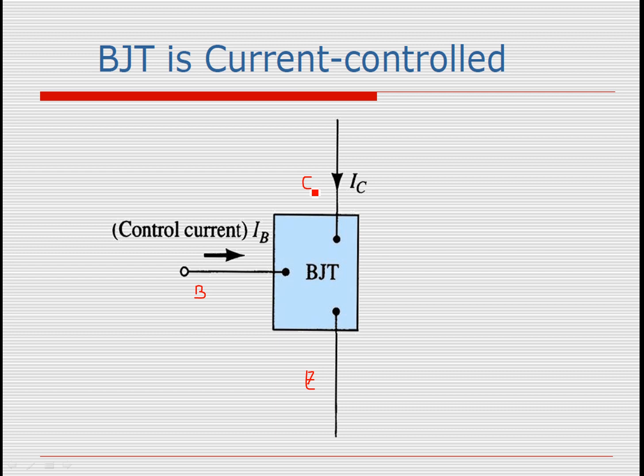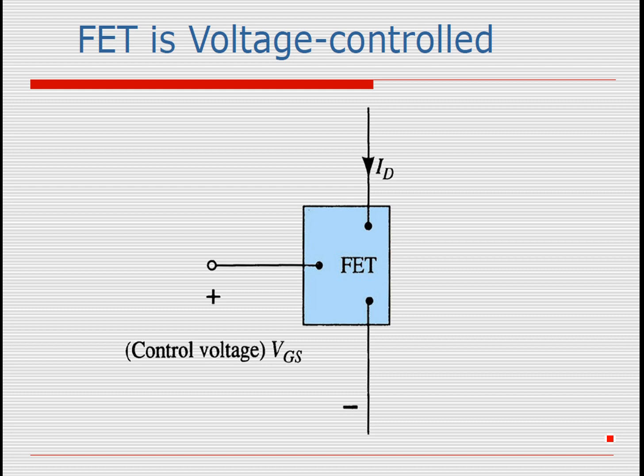So here the collector current IC is controlled by the base current, hence the BJT is called a current controlled device. But if we consider FET, it is also a three-terminal device.